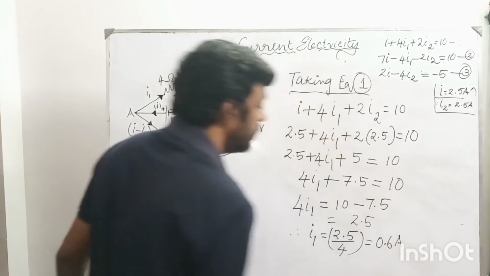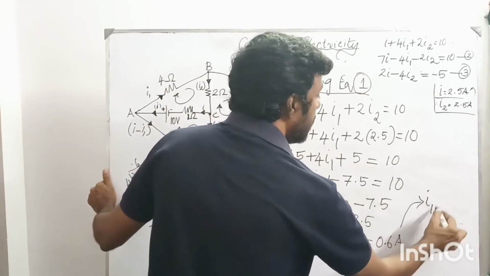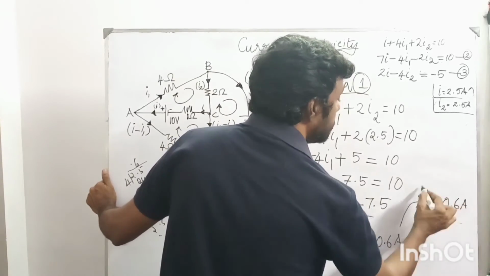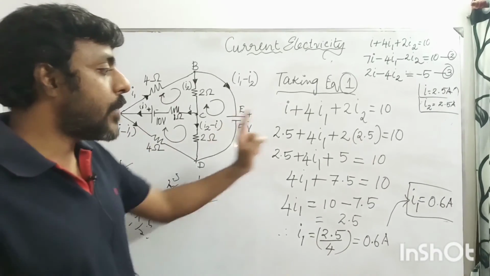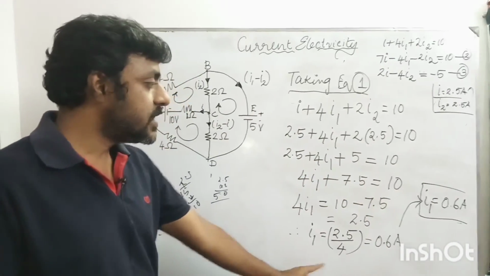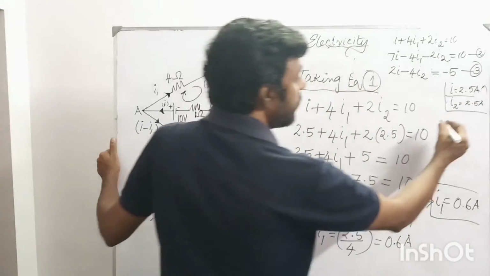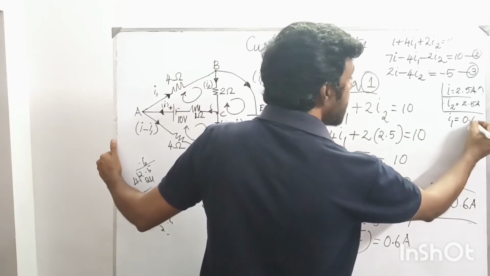So therefore, the value of I1 is nothing but 0.6 amperes. You got it? So now we have found the value of I1 as 0.6 amperes. So I am registering the value as I1 is equal to 0.6 amperes.